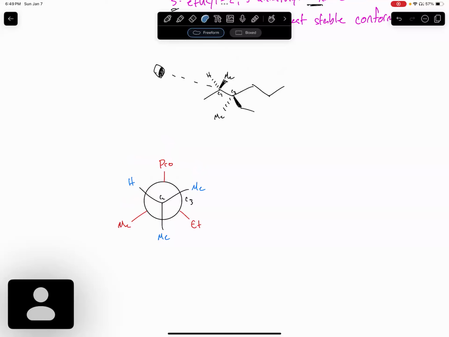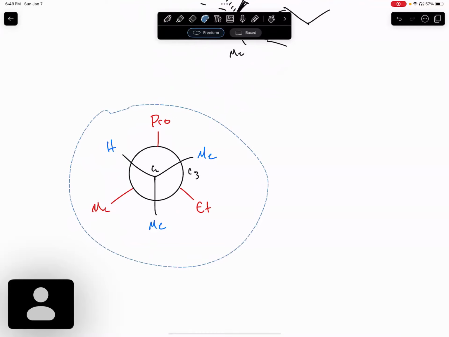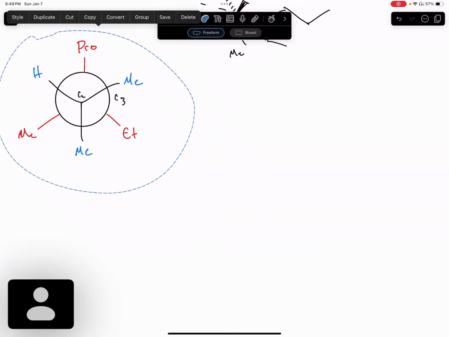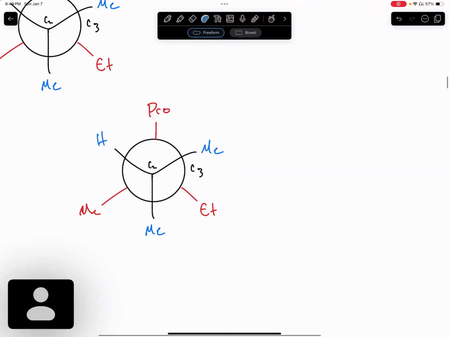Now, I'm telling you to draw the most and least stable. So let's do basically all the conformations that it can form. And all I have to do is just move one of them. So if this was my parent structure, I'm going to leave my parent structure up there, and I'm going to start modifying it. I'll modify this by twisting the back carbon C3 just ever so slightly, either to the left or to the right, clockwise or counterclockwise.